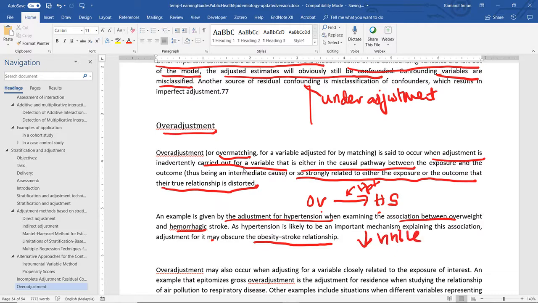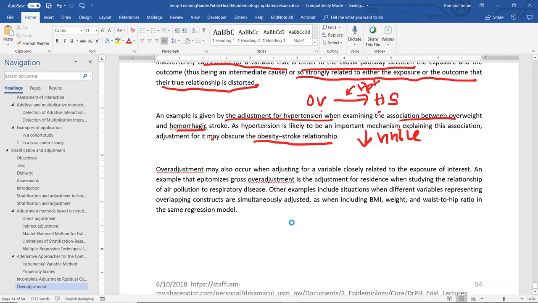Over-adjustment may also occur when adjusting for a variable closely related to the exposure of interest.